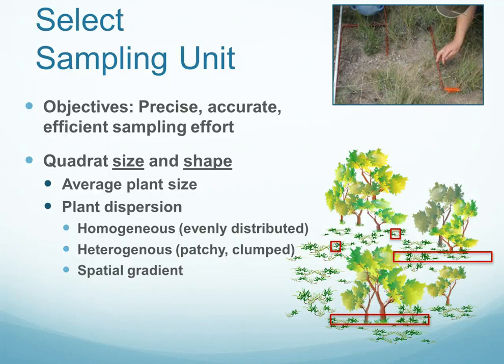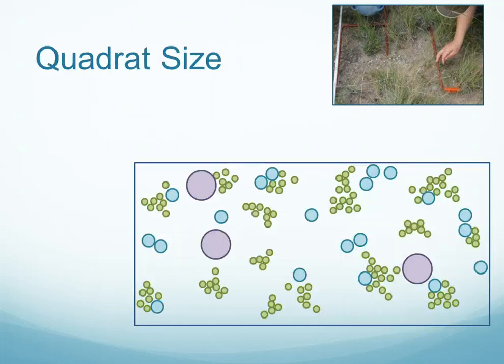This will affect whether we choose to use elongated, different shape quadrats, and also the size of the quadrat. Let's look at that in a little more detail. If we have relatively small quadrats, we could have a number that are empty and only a few that have any plants at all.